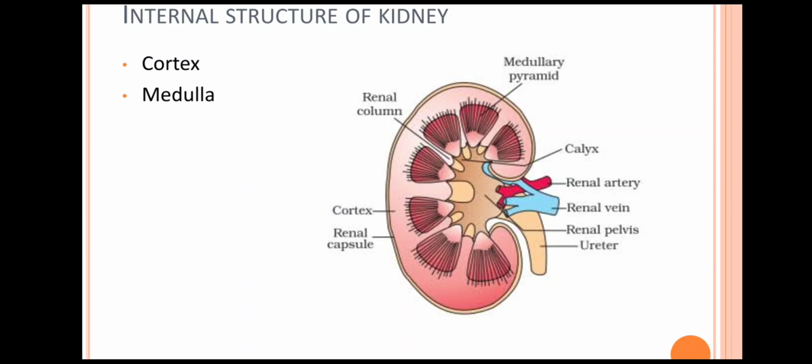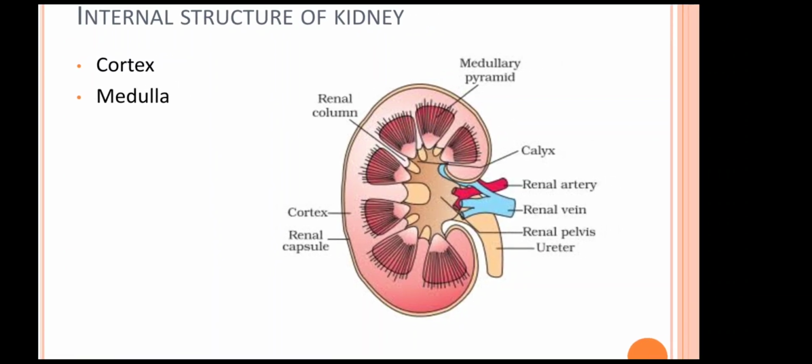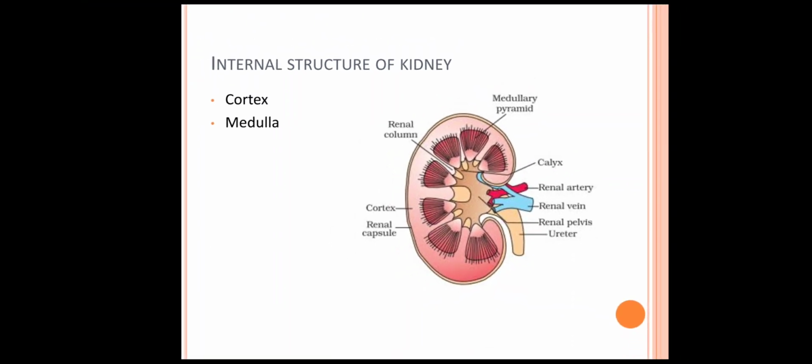The one is the cortex and the other is the medulla region. The medulla is divided into conical masses, and these conical masses are called medullary pyramids. This medulla, divided into different conical masses, projects into the calyces.